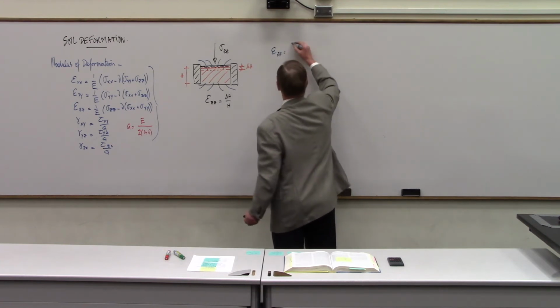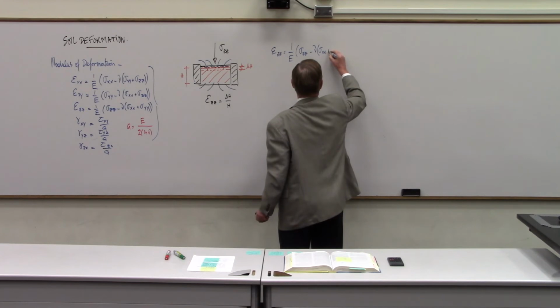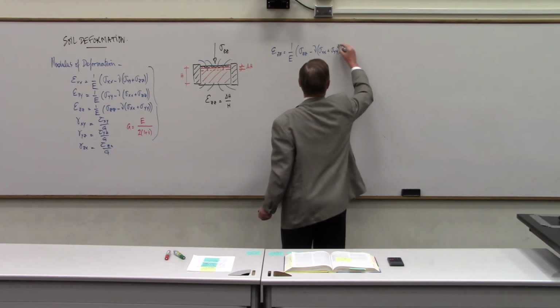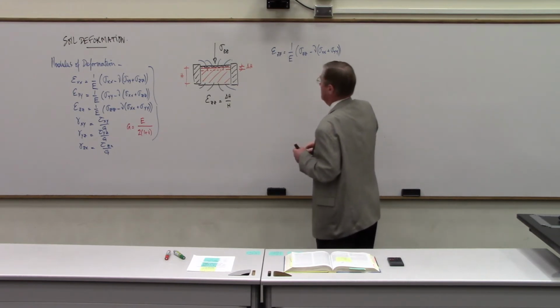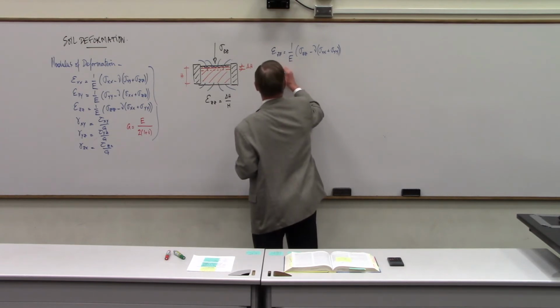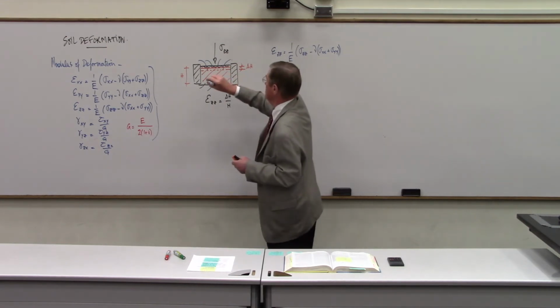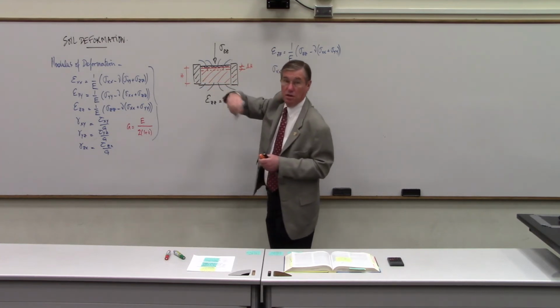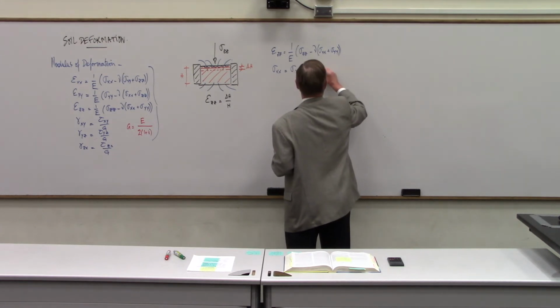Epsilon ZZ equals 1 over E times sigma ZZ minus nu times (sigma XX plus sigma YY). And then I can write that sigma XX is equal to sigma YY, because in this direction and that direction, this is a cylinder, so they're the same.